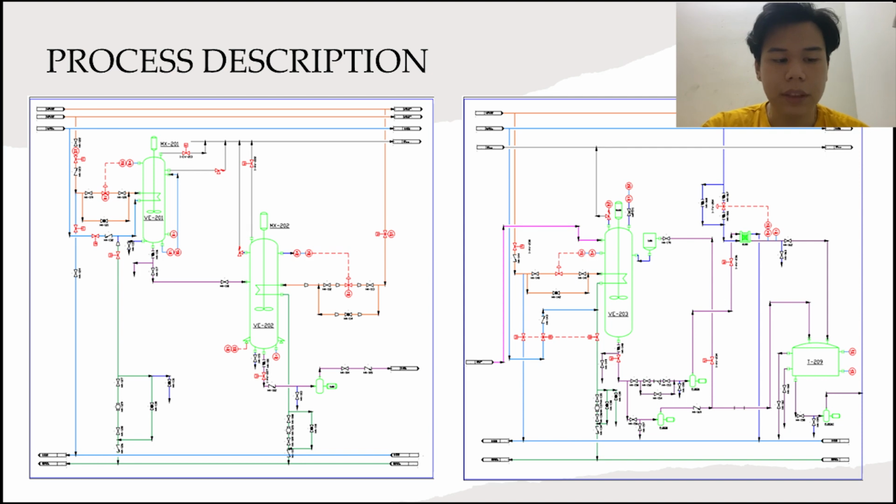The process starts after the initial pressure, temperature, and level of VE201 and VE202 were checked and the line tracing was completed. Then all manual valves and actuator valves were opened along the pipeline from VE201 to VE202.